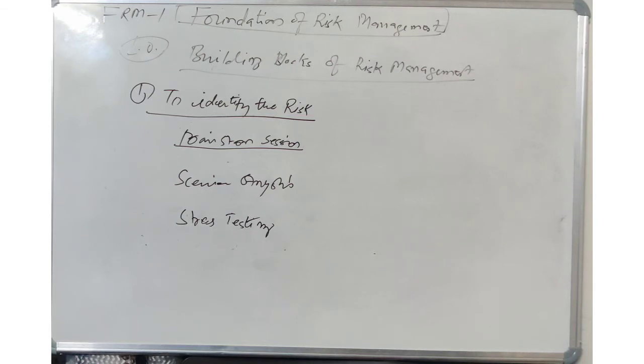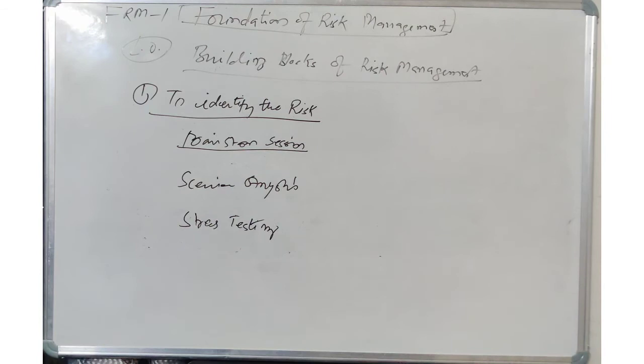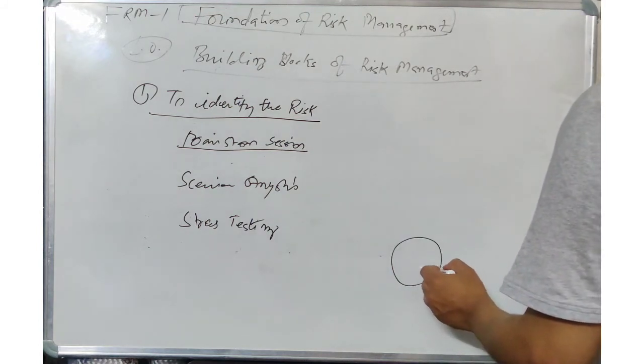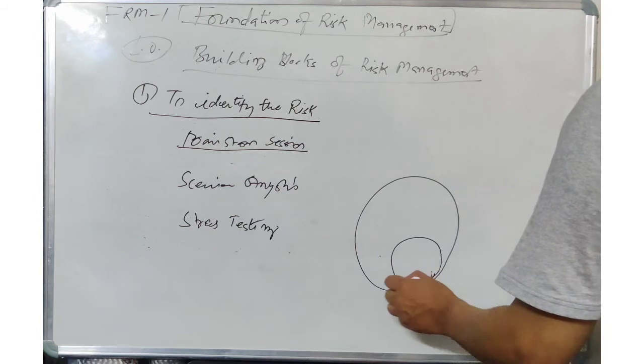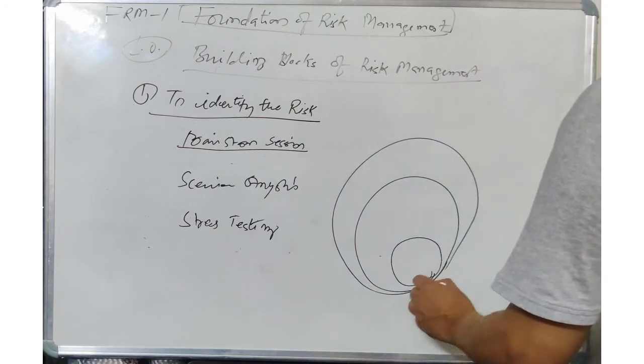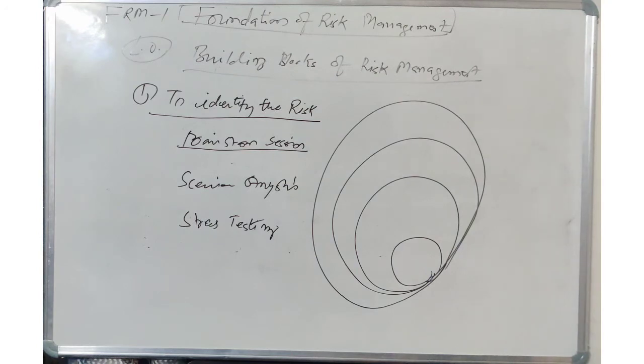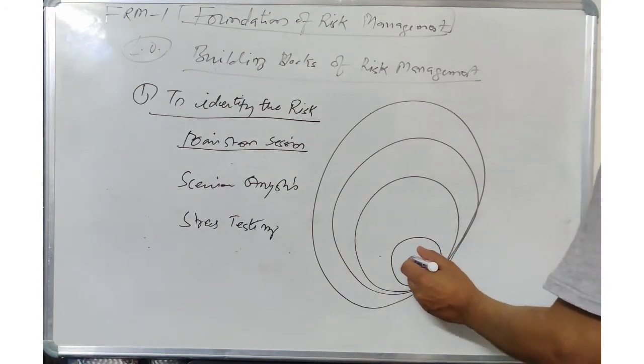So if we can draw a diagram which depicts the loss categories from our organizational charts, we can draw this diagram to show how the loss categories will look.